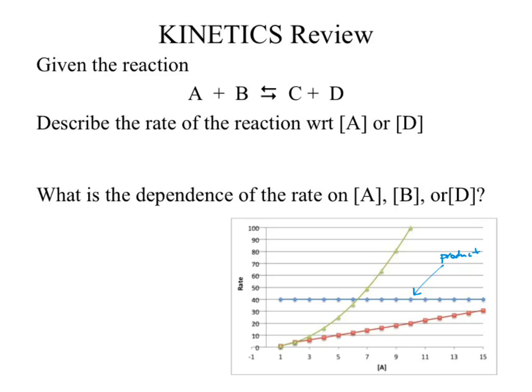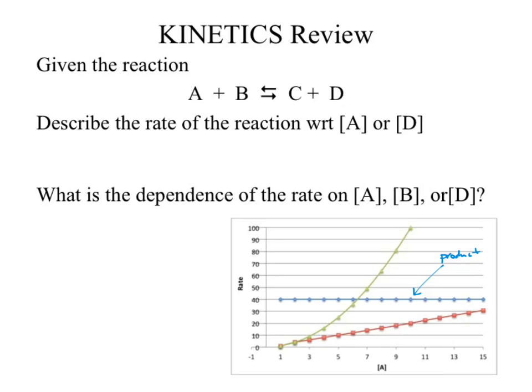If I have a reactant, does the rate of the reaction depend on the reactant? Well, if there's no reactant, can I have a reaction? No. So it makes sense for the reactant to be part of my rate or contribute to the speed of the reaction. It may not always, but it does seem to have some effect. It should have some effect. The other option is this green line.